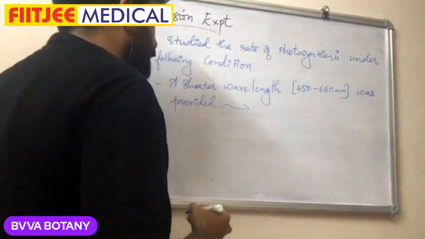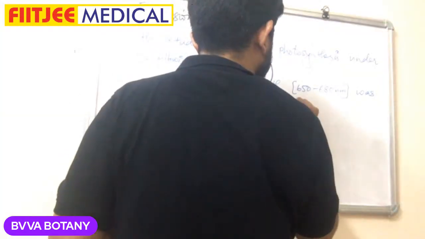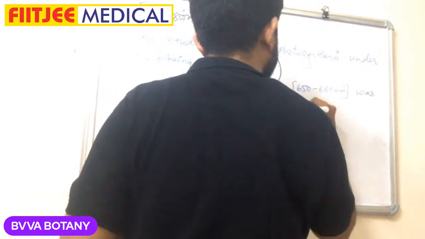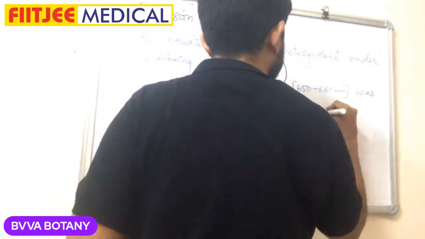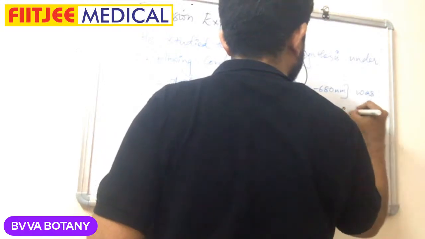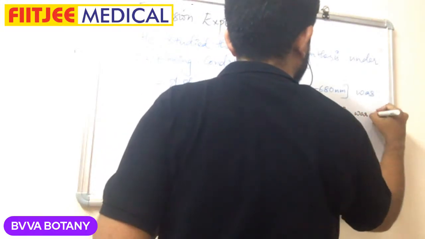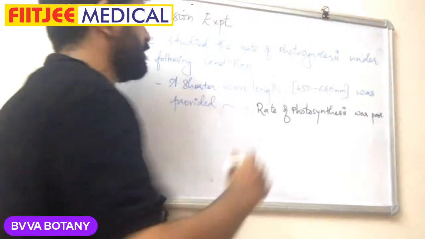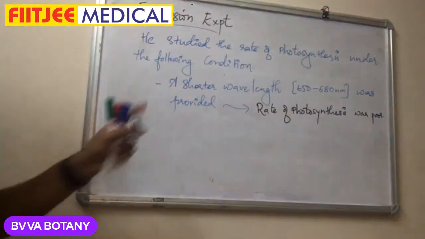The observation was that the rate of photosynthesis was poor when this particular wavelength was given.